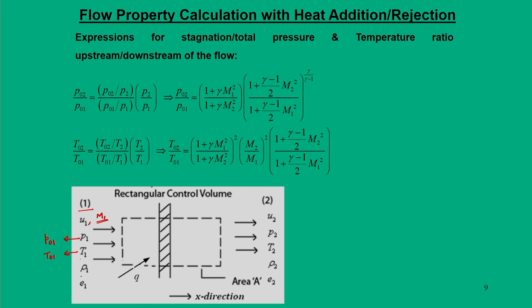For M1 and rho 1 we can also define rho 01. Similarly, for U2 and M2, this will talk about P02, T02 and rho 02.